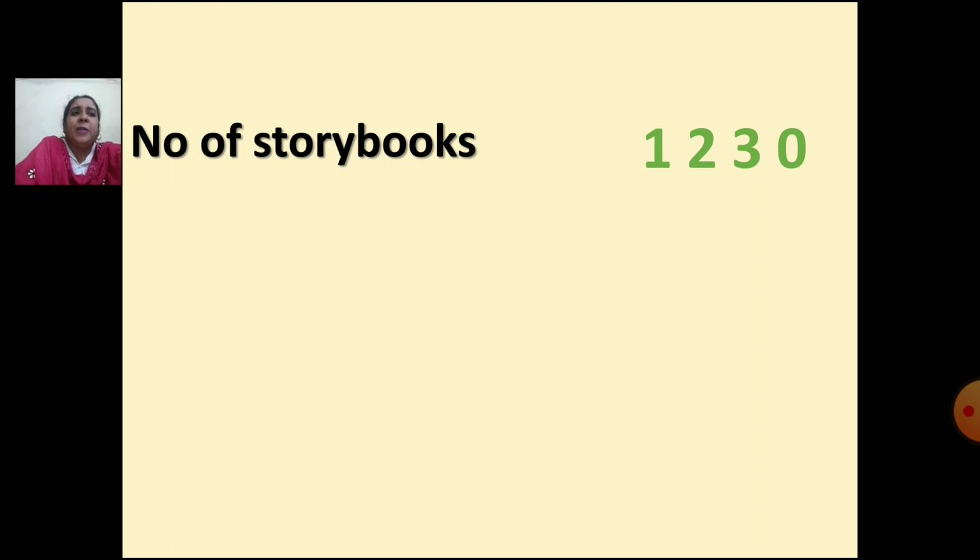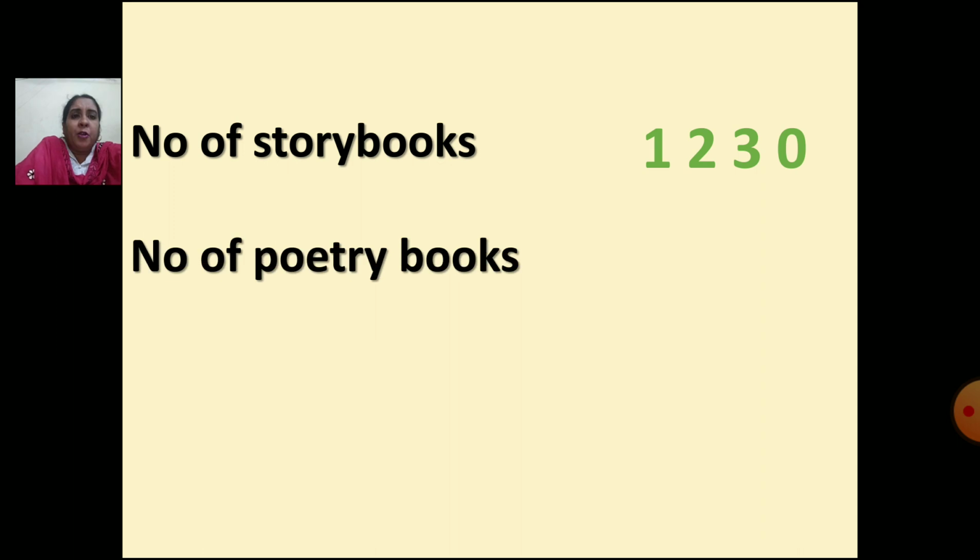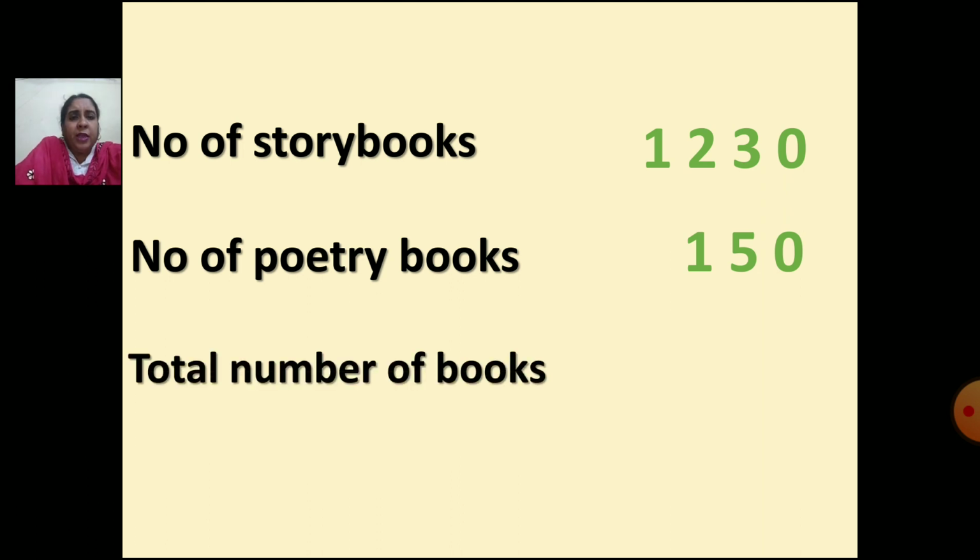Our second statement will be number of poetry books, right? Now how many poetry books are there? Yes, 150. Now what we have to find out? Yes, we have to find out what? Total number of books.